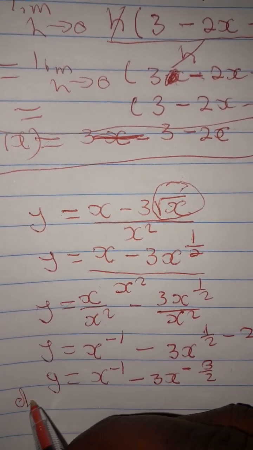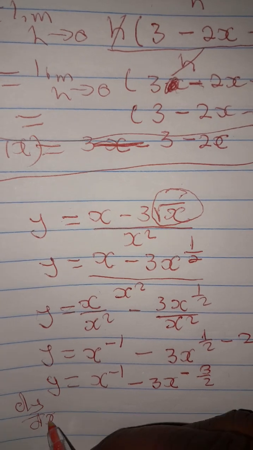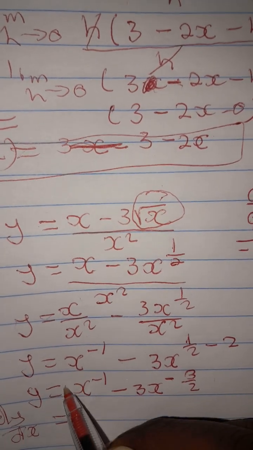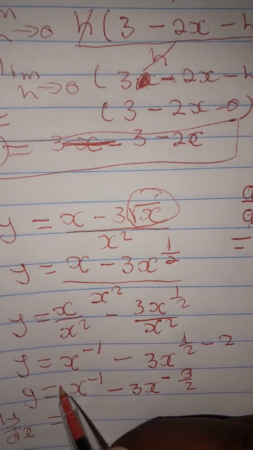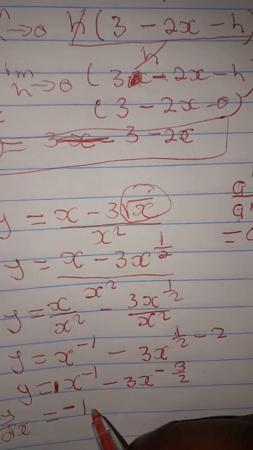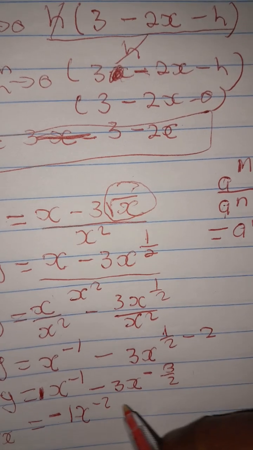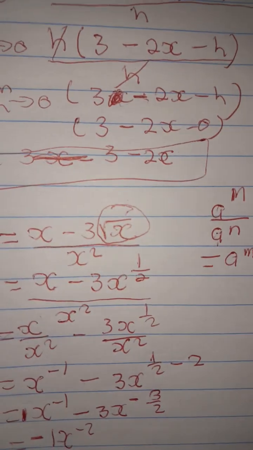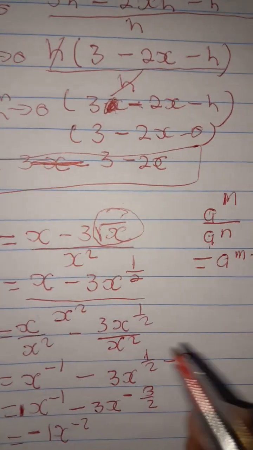Now we need to derive, dy all over dx. When we derive, remember there's a power here, there's a coefficient. 1 times negative 1, that's going to be negative 1. Negative 1 minus 1, that's going to be negative 2. From this part, we need to derive this part again.